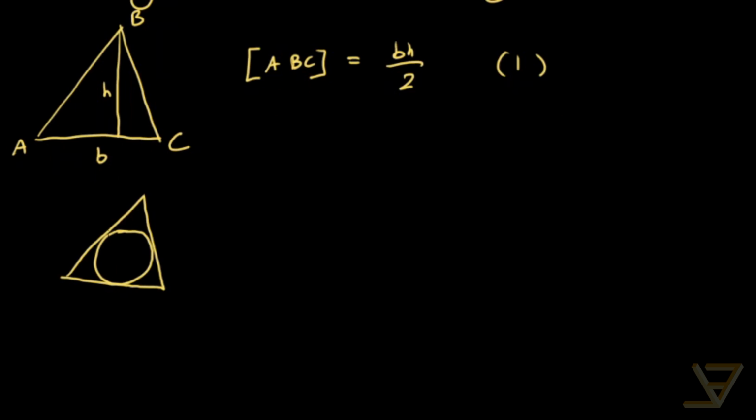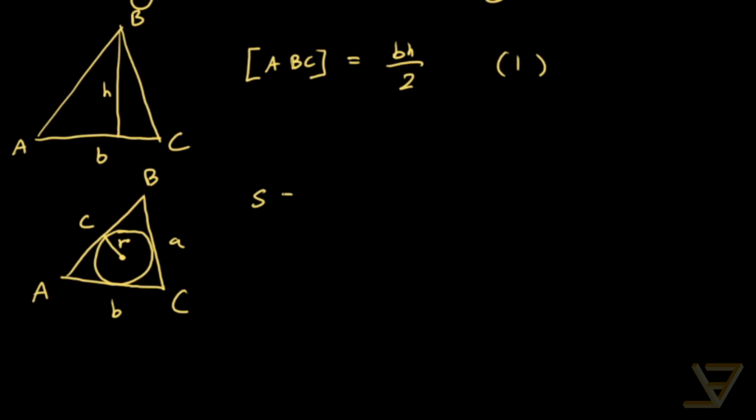So usually what we do is we draw the triangle and there's always an incircle, although we won't be proving that right now. So let's call it ABC. And what we call the radius of the incircle is the inradius, and we're going to call that small r.